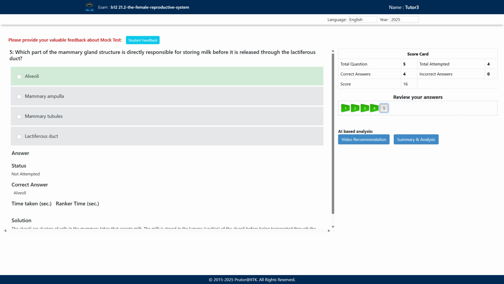And alveoli secrete the milk. This milk is stored in the ducts or the lumen of the alveoli. Then it reaches the lactiferous ducts, which are present in the nipples. And when the newborn sucks the nipples, it is sucking the milk which is present in the lactiferous duct. Earlier, this milk was present in the ducts of the alveoli. That's why the correct answer is alveoli here.